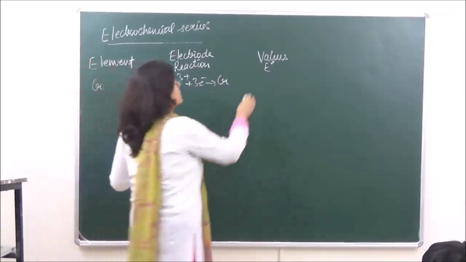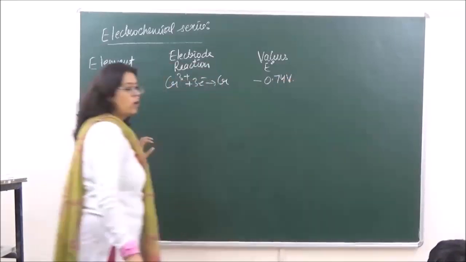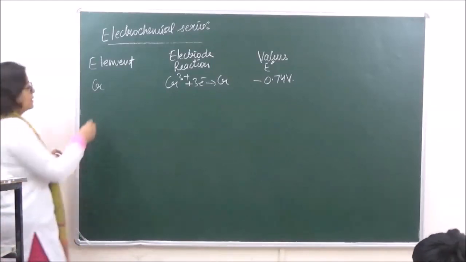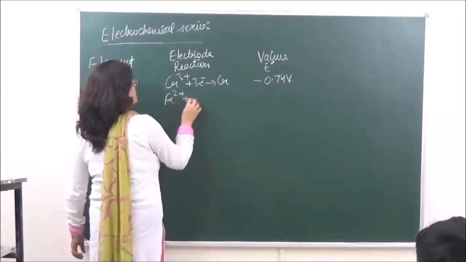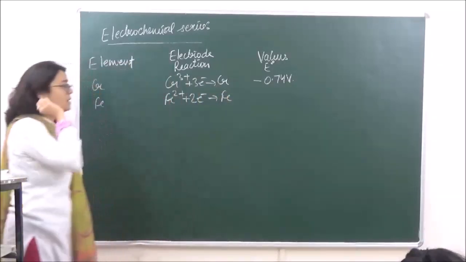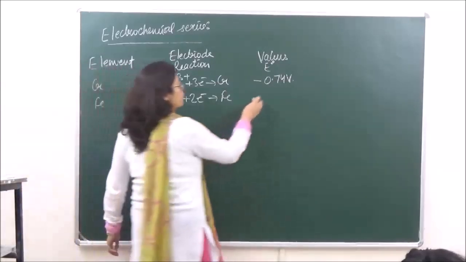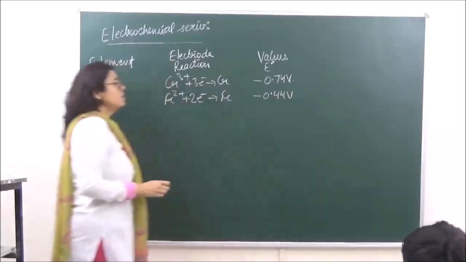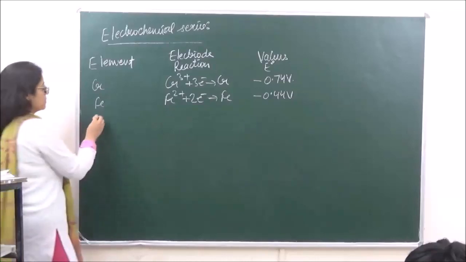The value is minus 0.74 volt. After chromium is iron, Fe2+ plus 2 electrons to give us iron, and the value of iron is minus 0.44 volts.